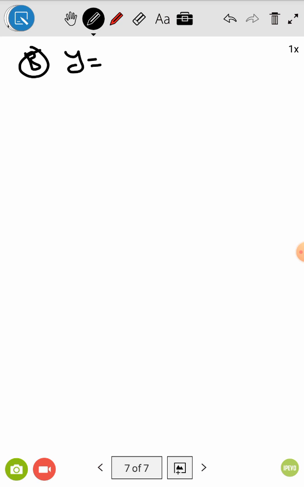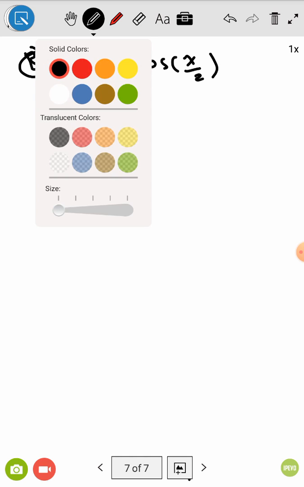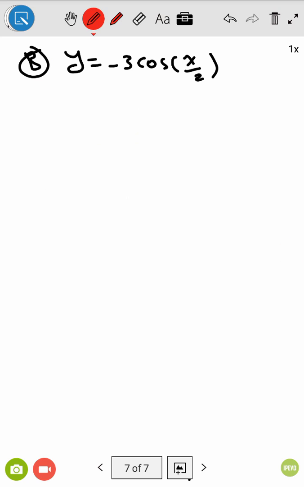Y equals negative 3 cosine x over 2. Now take a look. We are now doing the cosine, of course. And how many transformations? I have 1, I have 2, and 3.